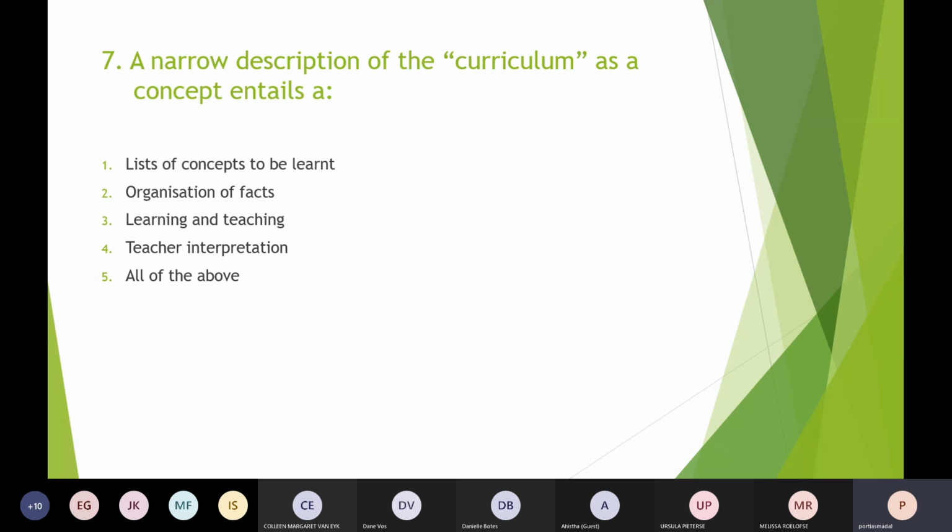Danielle Boertes? What do you think is the appropriate answer to that question? Melissa? I agree with 1. With 1. All right, why do you agree with 1?